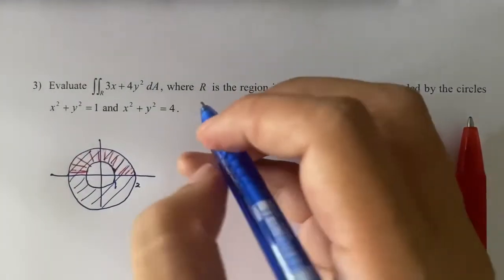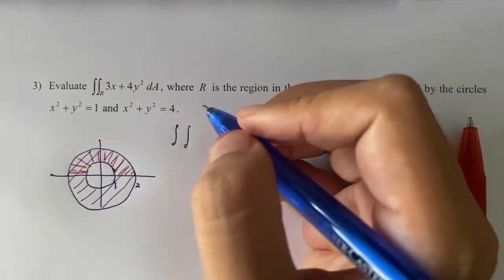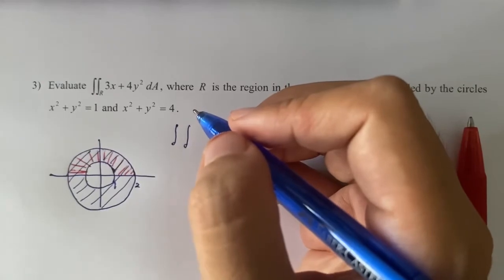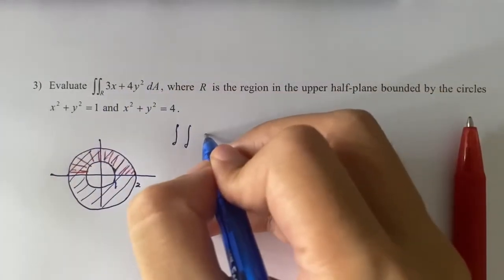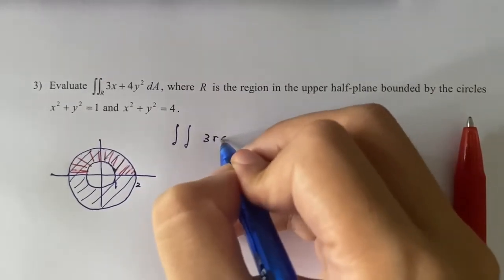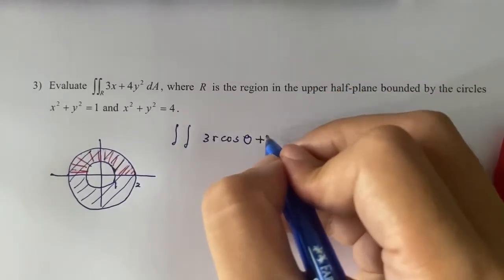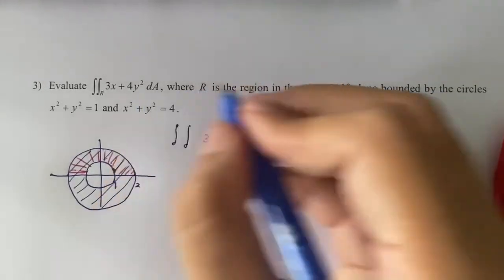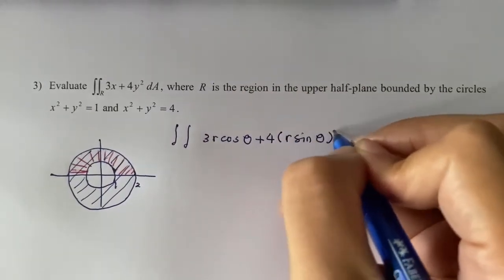Okay, so for this one, if you write the double integral, okay, so 3x, substitute x with r cos theta. x is equal to r cos theta, plus 4y, y is r sine theta, squared.